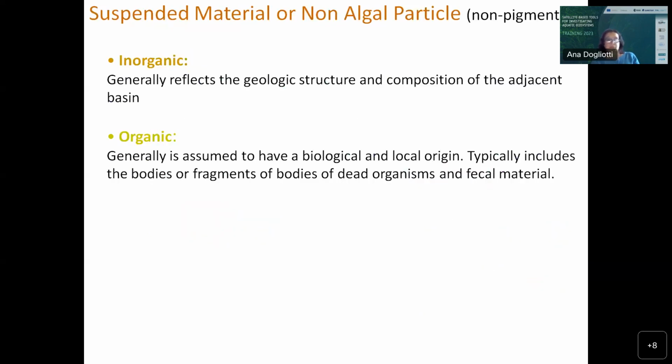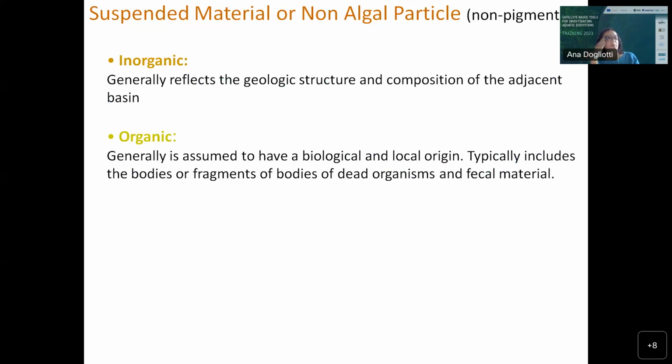The third group is the suspended material, or non-algal particles. These are particles that don't have pigment, as we saw. In general, it's mainly inorganic, so sediments, which reflect more or less the geology, or the earth, adjacent to the basin you're looking at. But it also has an organic part.